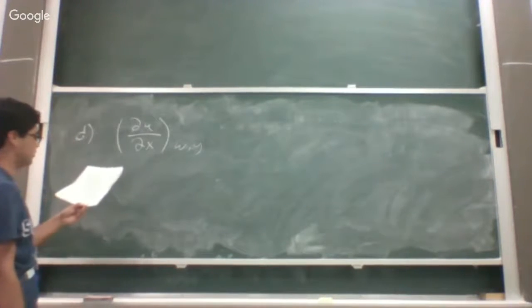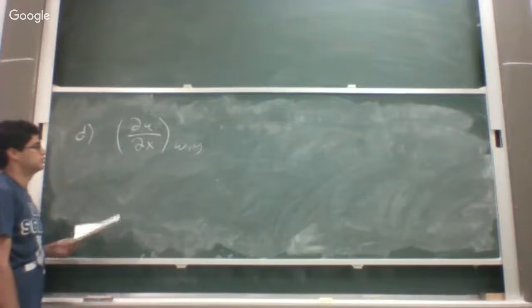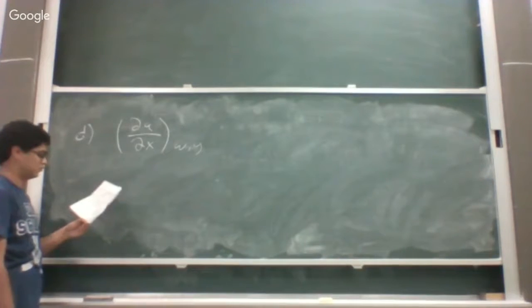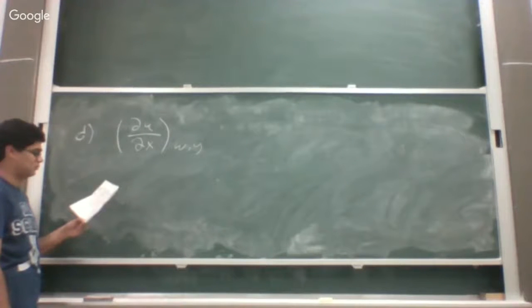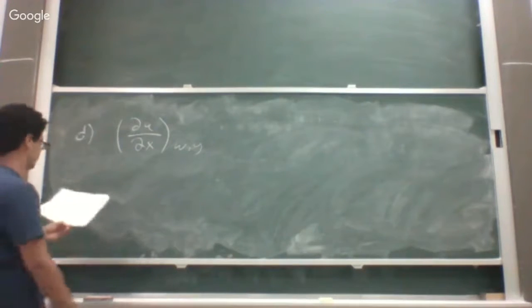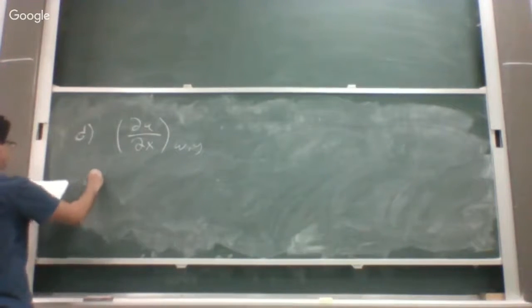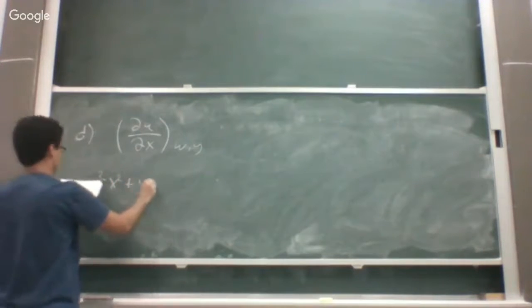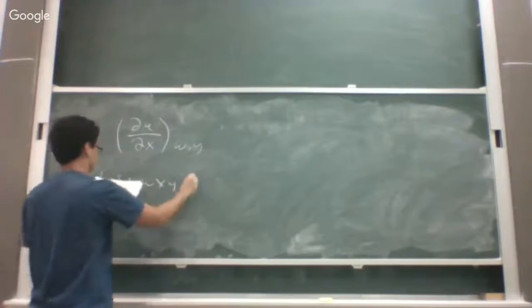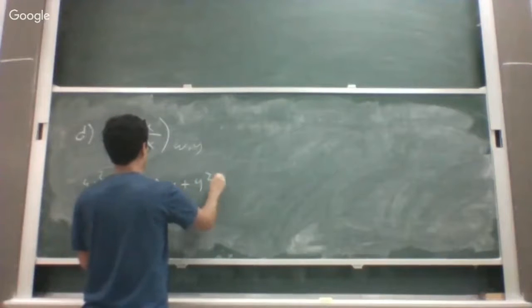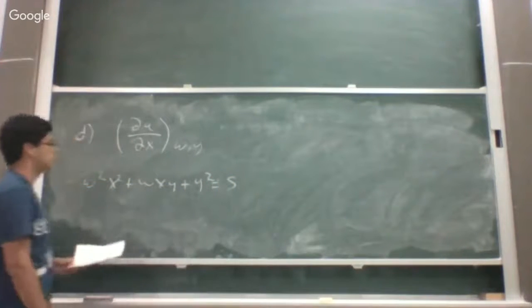What is the problem with this? They're holding all of the variables in the constraint. Yep, so the constraint was w squared x squared plus wxy plus y squared equal to 5, right?